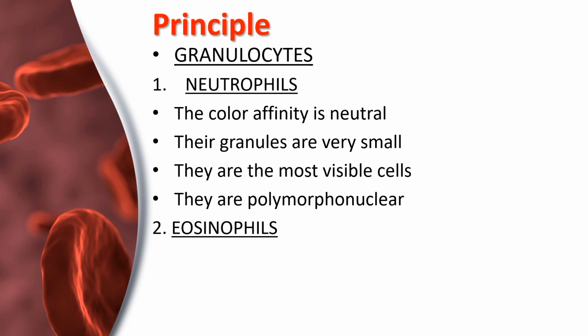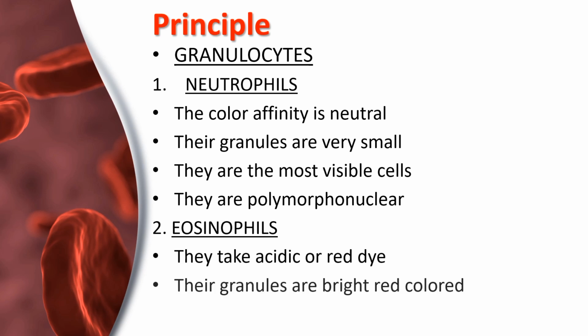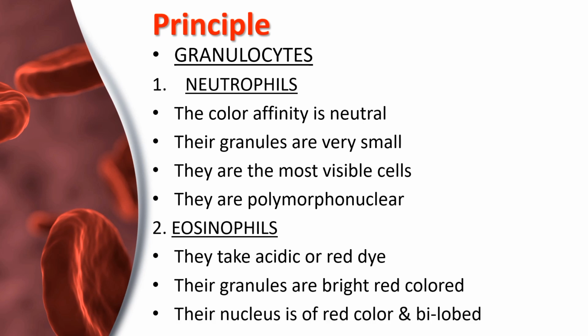They take acidic or red dye. Their granules are bright red colored and densely present in the cytoplasm. Their nucleus is of red color, bilobed, and the connection between these lobes is slightly thicker. Their nucleus is spectacle shaped.